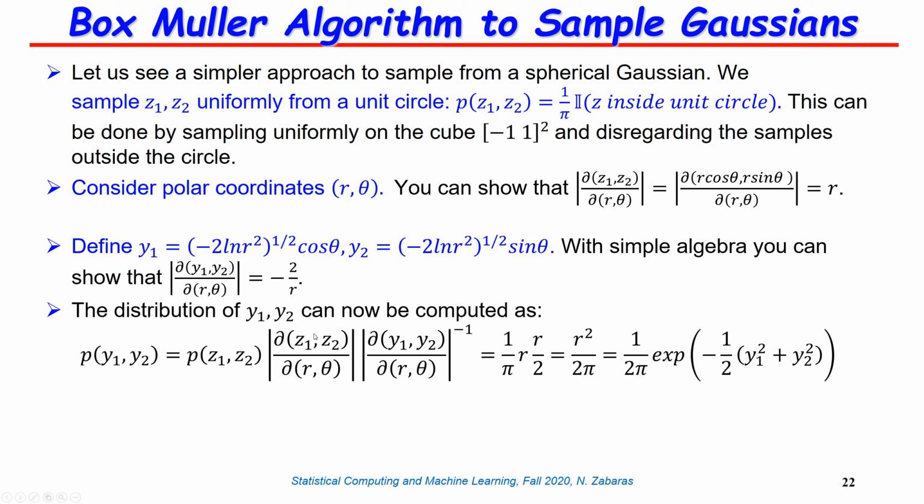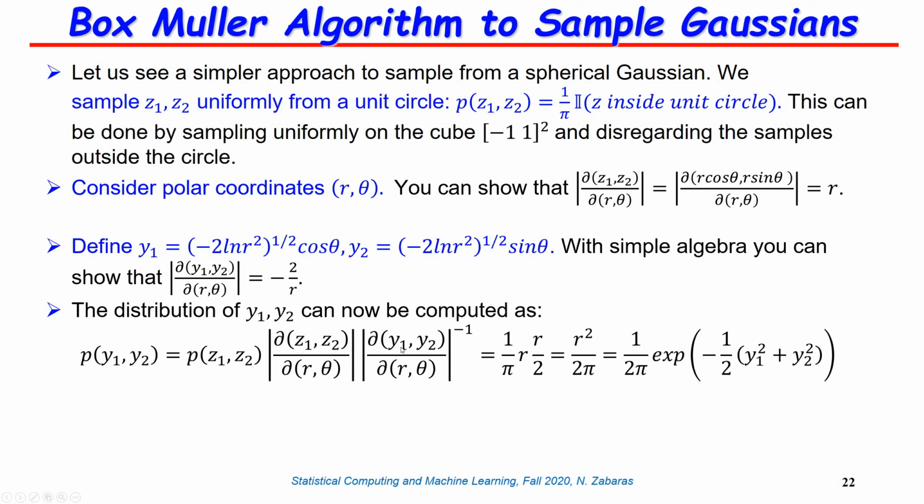So let me do the algebra so you can see exactly what I'm talking about. We're going to go from z1, z2 to y1 and y2, and remember how the probability law transformation works. So here you're going to need the Jacobian of z1, z2 with respect to R and theta, and then here you're going to need the inverse Jacobian of y1, y2 with respect to R and theta. Actually, a good way to see that this is correct, right?